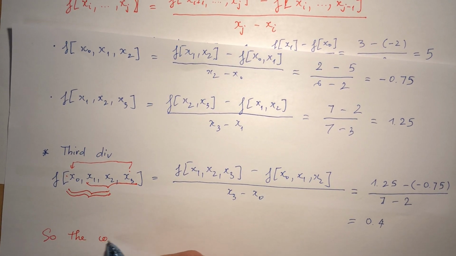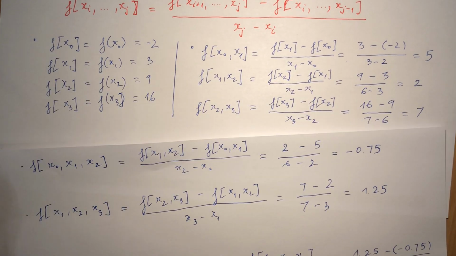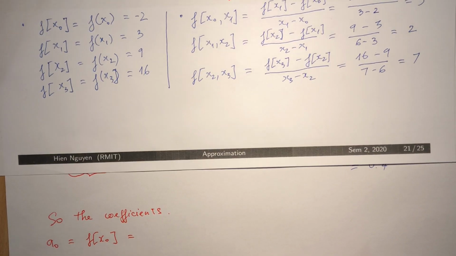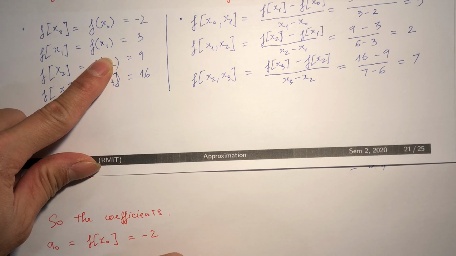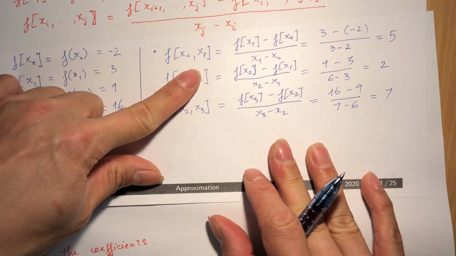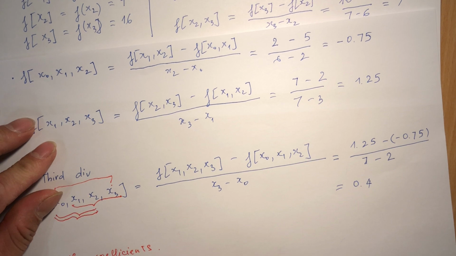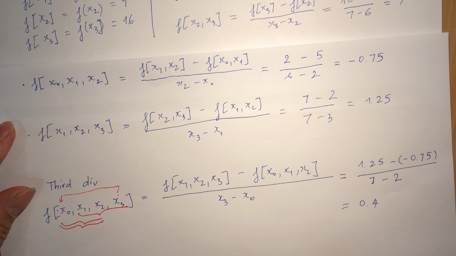So the coefficients: a0 equals f x0, which is minus 2. a1 equals f[x0, x1], which is 5. a2 is f[x0, x1, x2], which is minus 0.75.